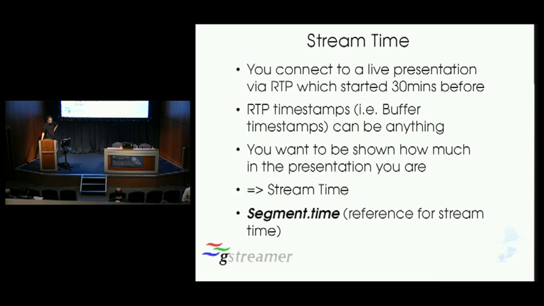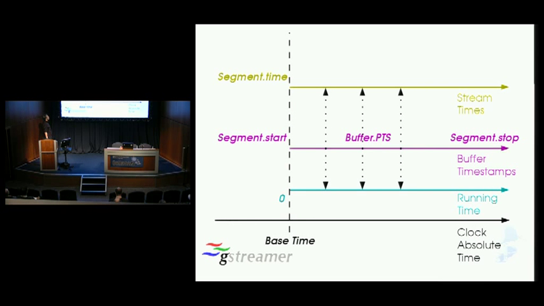Once again, we're going to need some kind of reference to be able to correlate the buffer timestamps to the stream time. And that reference is the segment time. So in the same way that we use this reference to calculate running times of buffers, this time we're going to use the segment time for each buffer and subtract it to figure out the stream time of that buffer.